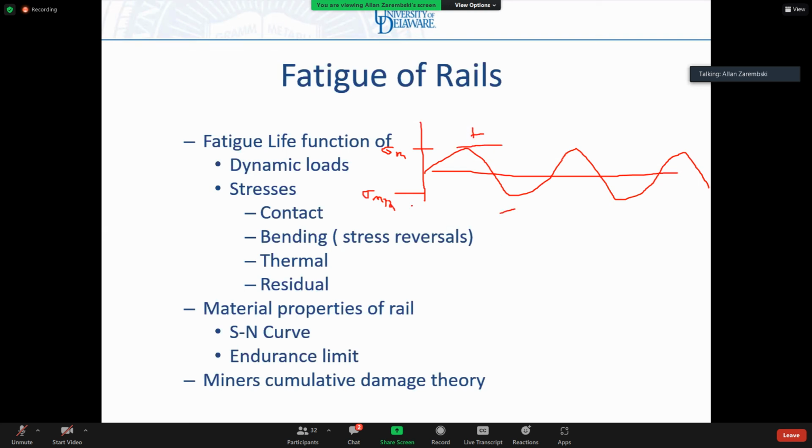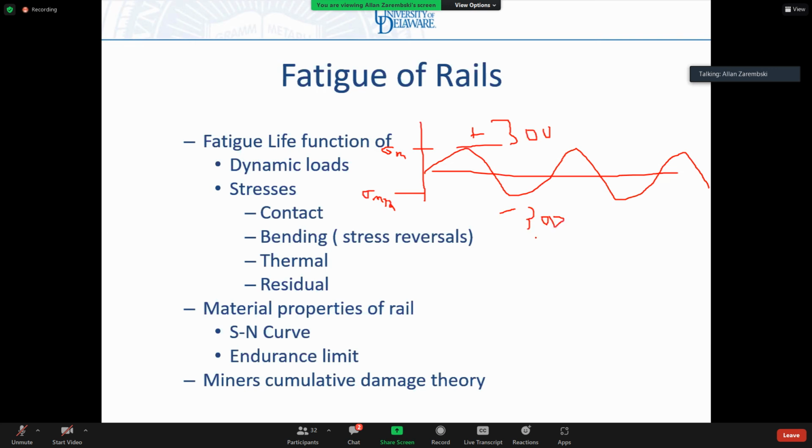If sigma max is plus 300 megapascals, this is minus 300 megapascals.